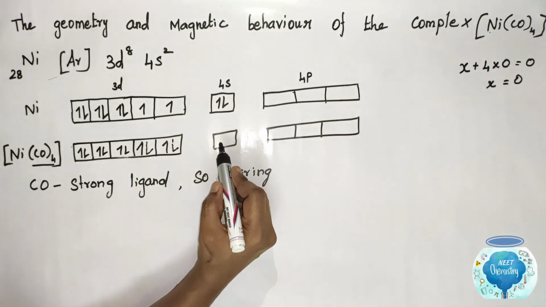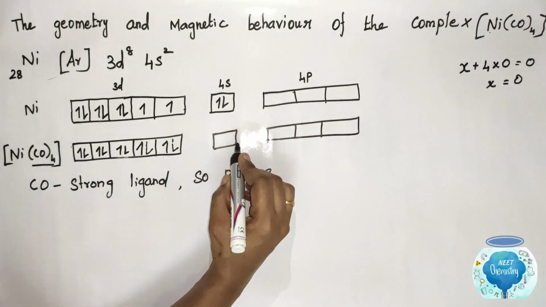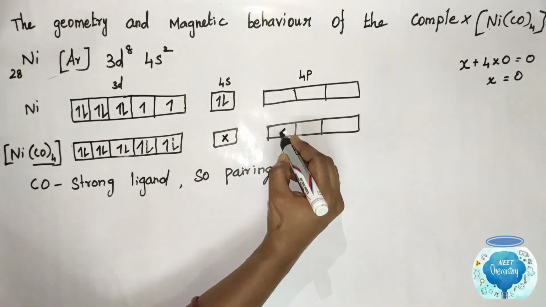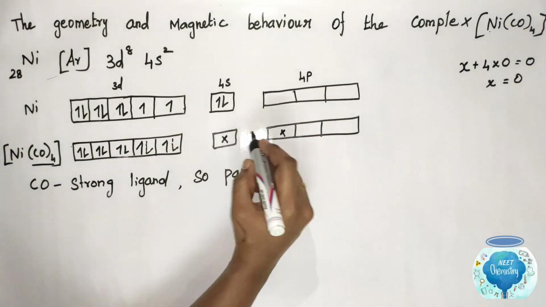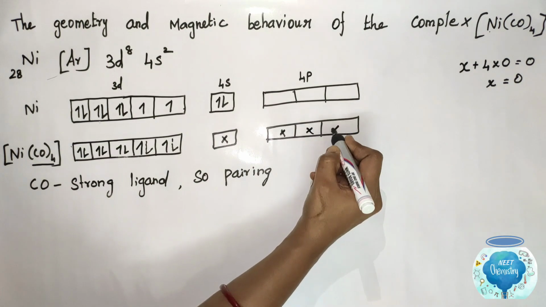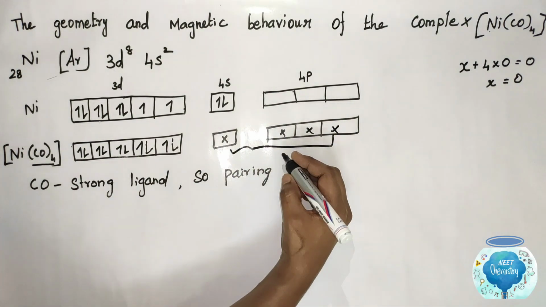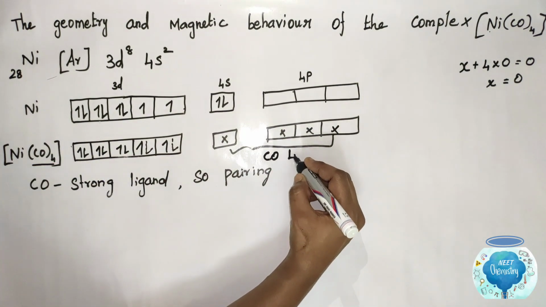So from the next empty boxes we fill the carbonyl ligands. We have 4 carbonyl ligands: 1, 2, 3, 4. These 4 orbitals are filled by the carbonyl ligands.